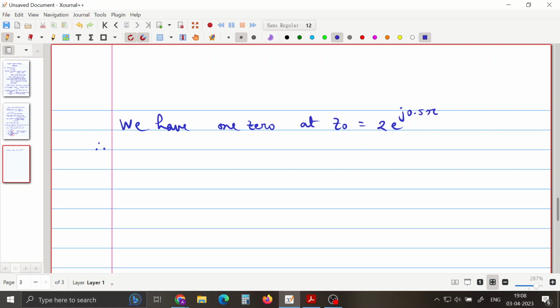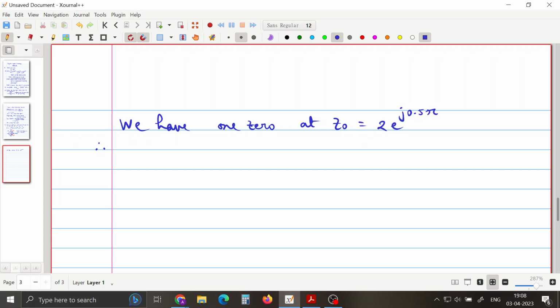First you take the complex conjugate of the given zero, then you take its inverse, and then you take the inverse of the given zero. That's it. So if there is a zero at z equals z0, there is another zero at z equals z0 star, there is another zero at z equals z0 star inverse, and finally the fourth zero is at z equals z0 inverse.